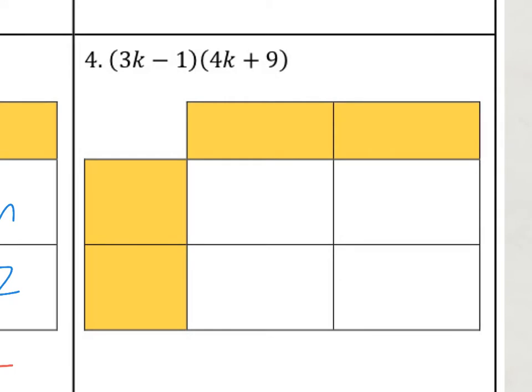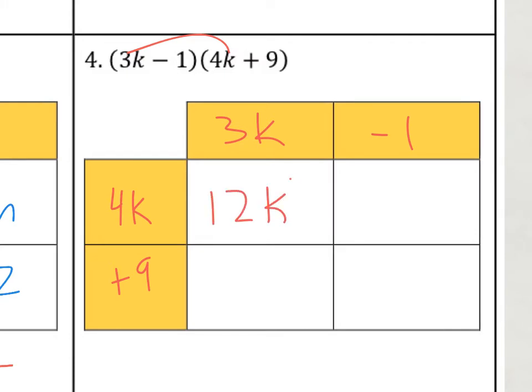One more. Maybe pause and give this a try. A little more challenging: 3k minus 1 and 4k plus 9. Well, we got to distribute the 3k times the 4k. 3 times the 4 is 12.